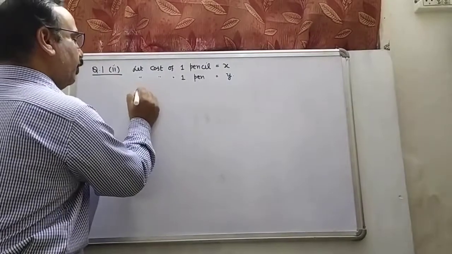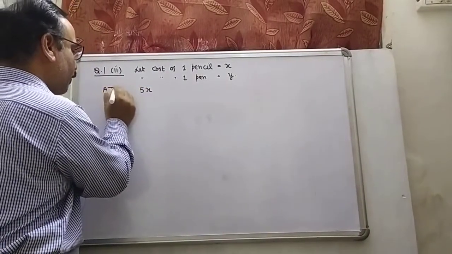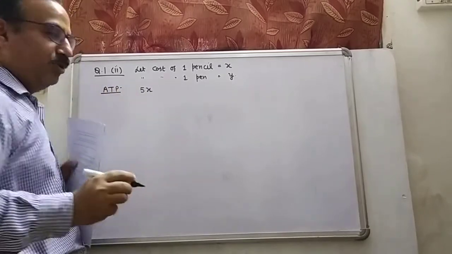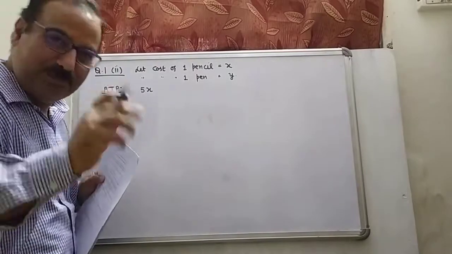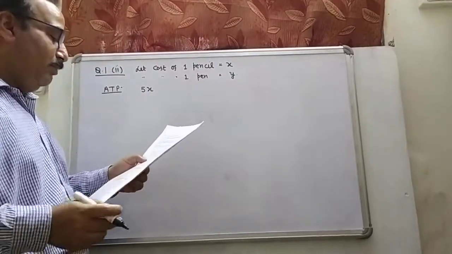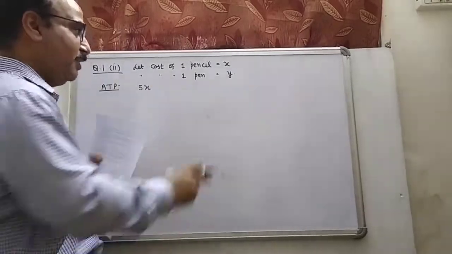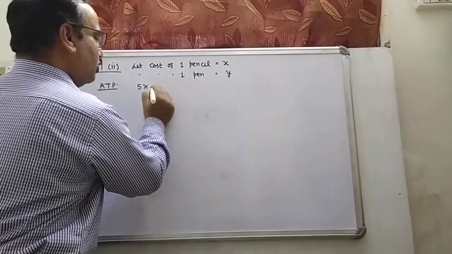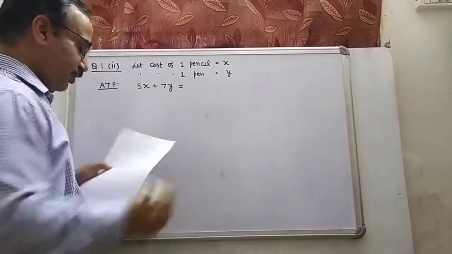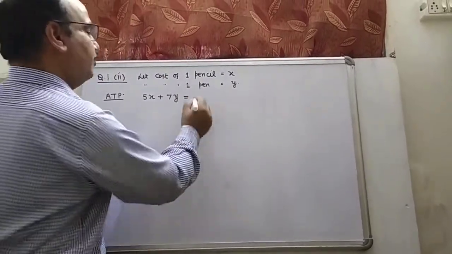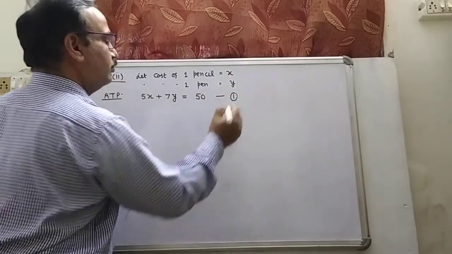Obviously, it should be 5x. I'm writing according to problem. Okay, so according to problem, 5 pencils, obviously cost is 5x, and 7 pens, the cost of one pen is y, so cost of 7 pen must be 7y is equal to rupees 50. So it is the first equation.